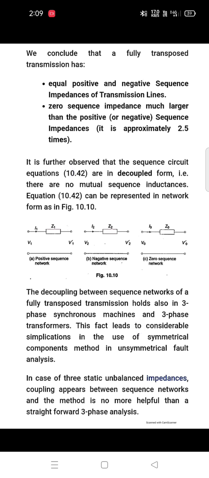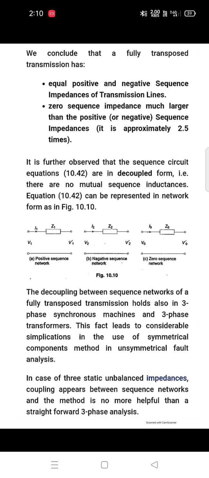The decoupling between sequence networks of a fully transposed transmission line also holds in 3-phase synchronous machines and 3-phase transformers. These facts lead to considerable simplification in the use of the symmetrical components method in asymmetrical fault analysis.